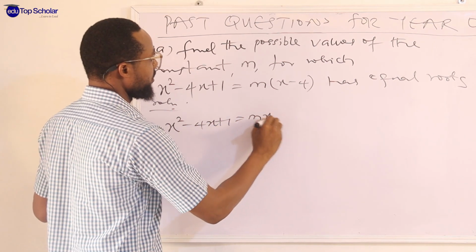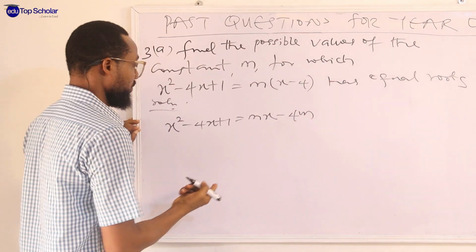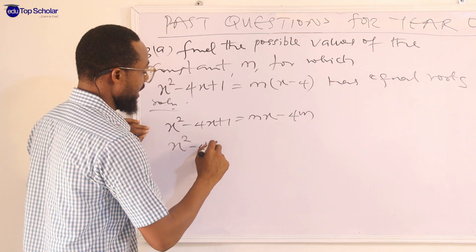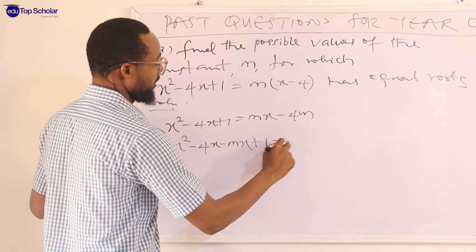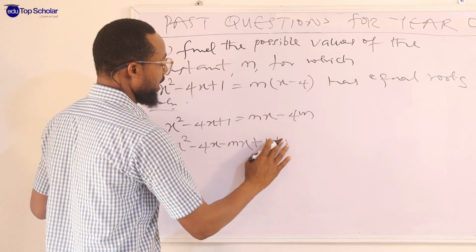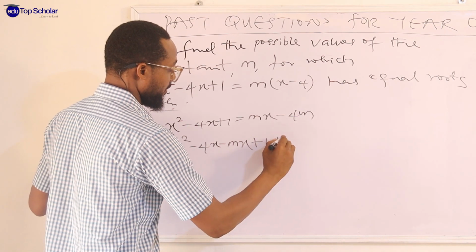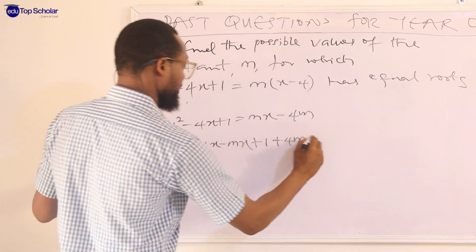Let me open this at once: minus 4m. And from here we can collect like terms, and we have x squared minus 4x minus mx plus 1 plus 4m, and everything equals 0.